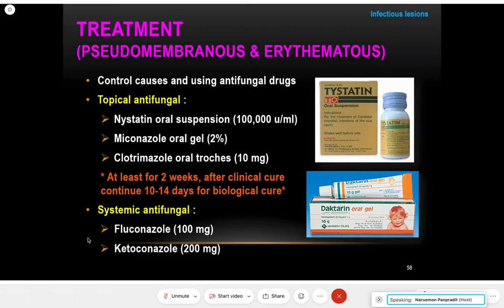The frequency for the treatment dose, the best is 3 to 4 times per day for at least 2 weeks, and then you follow up.